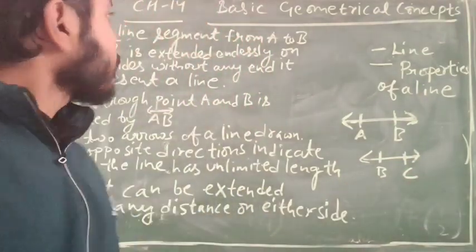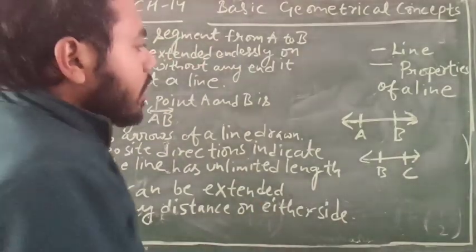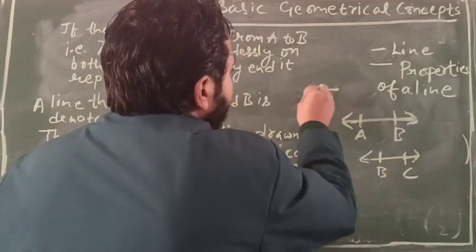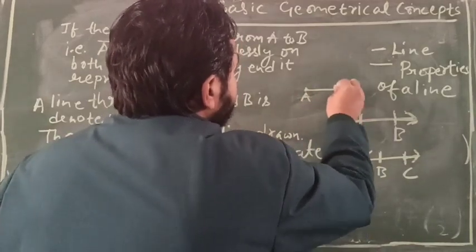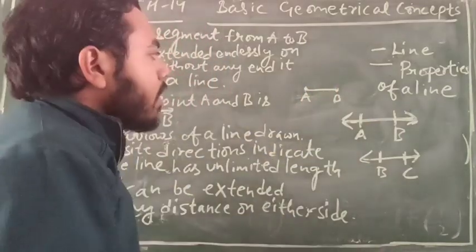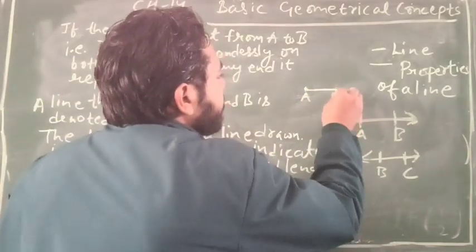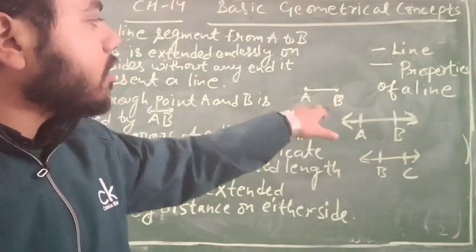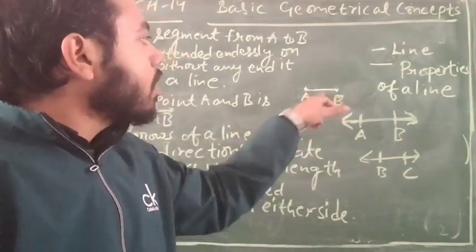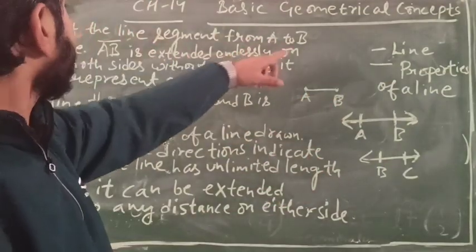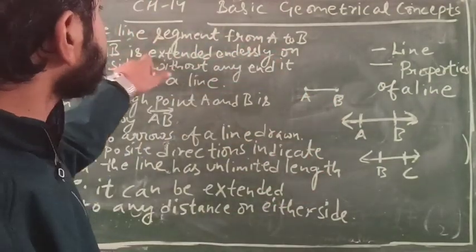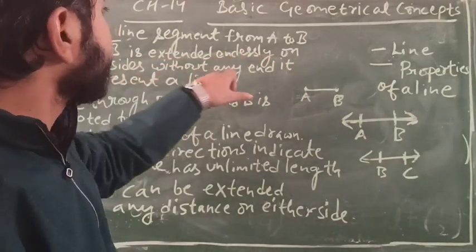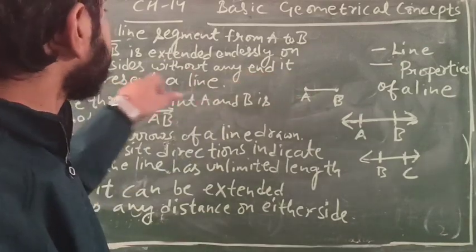As you know, a line segment AB has a definite length. If the line segment from A to B is extended endlessly on both sides without any end, it represents a line.